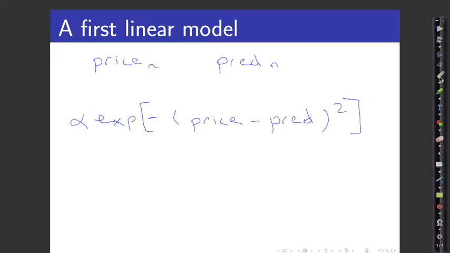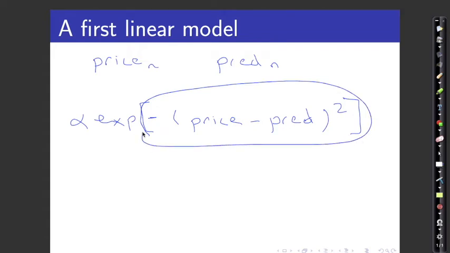Well, we need to make this lot here as small as possible, which means we need to make (price minus prediction) squared as small as possible. That will make the likelihood as big as possible. Or to be precise, we need to make the sum of these errors over all our observations as small as possible.